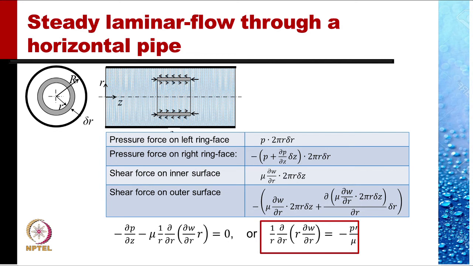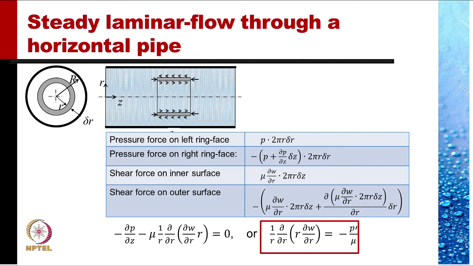Now, since the velocity does not change in the fully developed part of the flow through a pipe, there is no acceleration of the fluid. The velocities at any location z are the same, so there is no convective acceleration as well as the temporal acceleration, del w by del t.